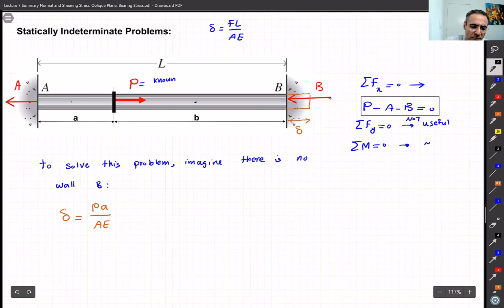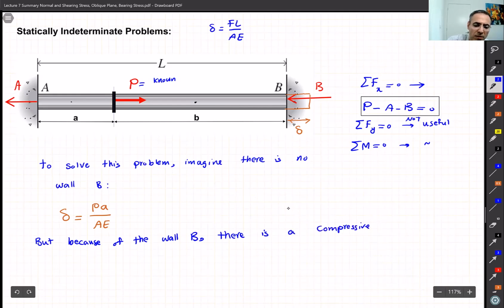Because of the wall B, there is a compressive force B that tries to push the bar back, right? So there is this force B here, trying to prevent this delta.